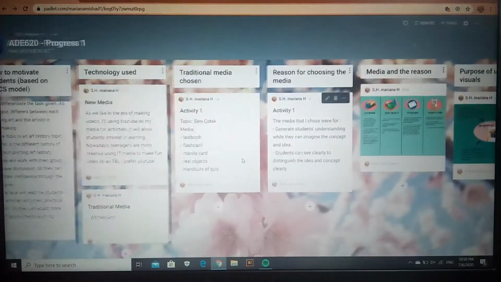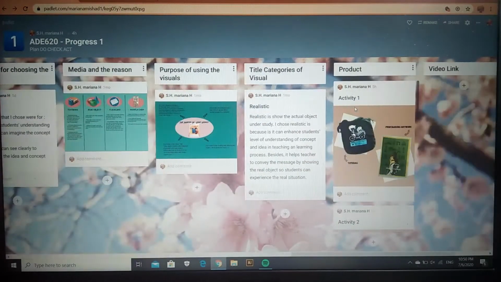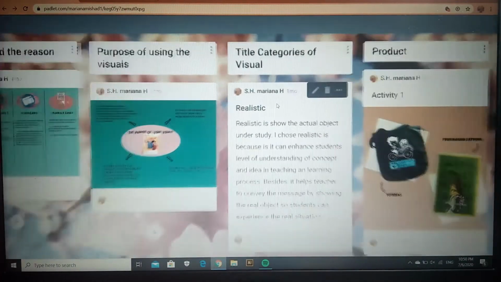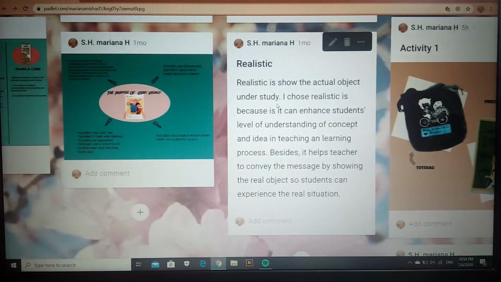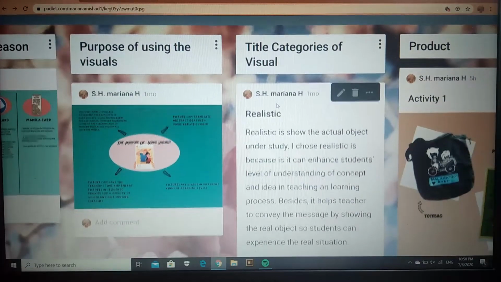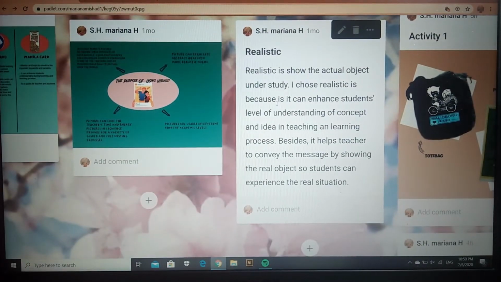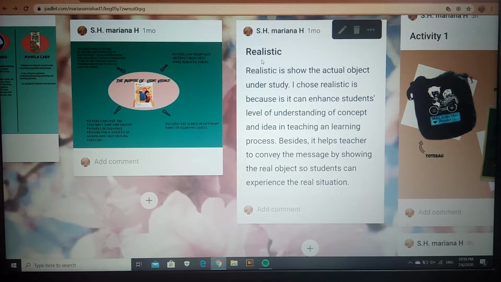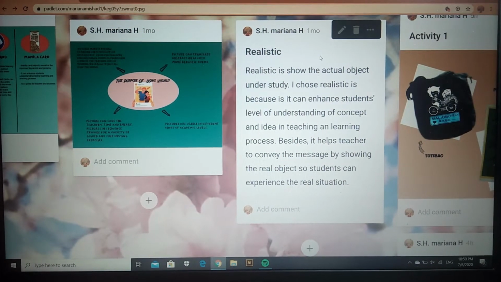Next, I will talk about the categories of visuals. This is important when we need to look at the characteristics of our students. So, the characteristics of the visuals. I choose realistic. Realistic shows the actual object under study.